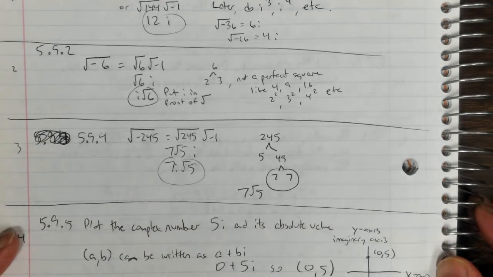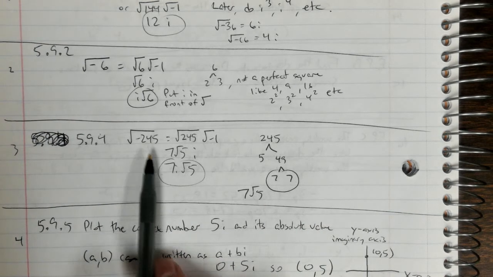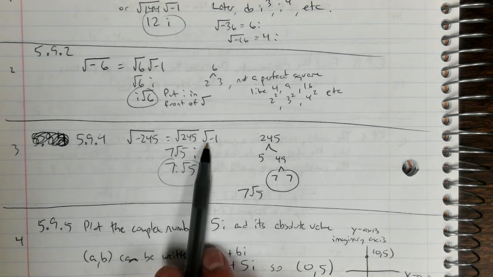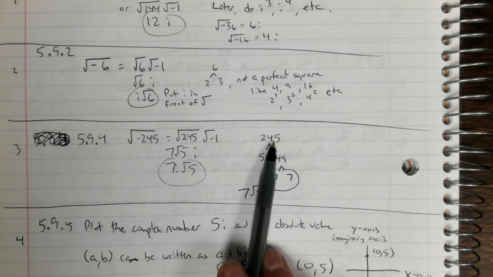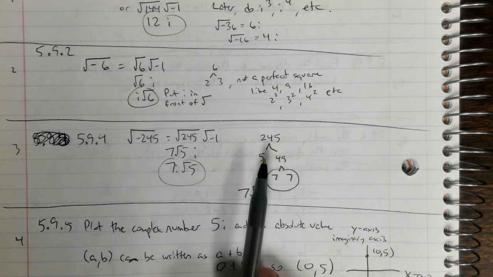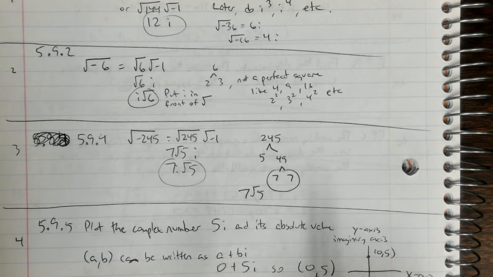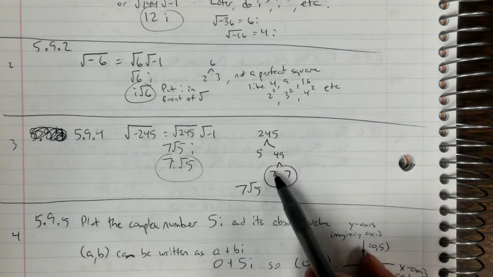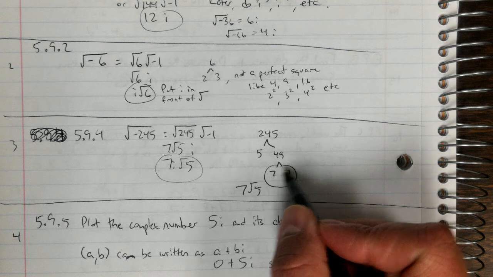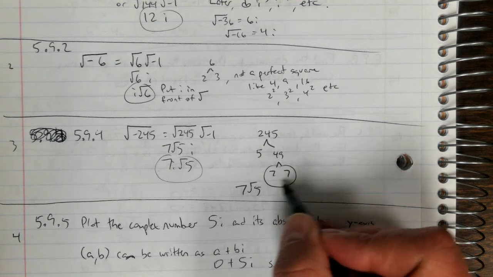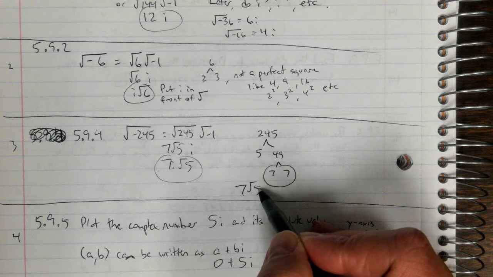Okay. For our next one, we have the square root of -245, and so that's the square root of 245 times the square root of -1. On this one, it ends with a 5, so I'm saying 5 times something, and it was 49. Now 49 breaks down into 7 times 7. So if you have a pair of them, I circle it, and then I put the 7 in front, and then I put my leftover here.